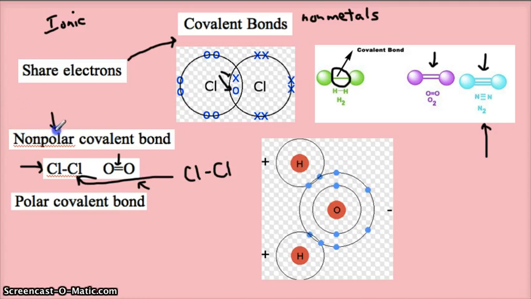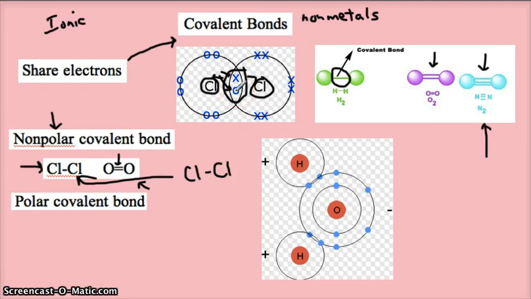What that means is, on either side, these electrons are not going to be more attracted to one side or the other because you have the same weight here as you have here. The gravitational pull, you might say, is equal. It is nonpolar. These are kind of equivalent right here.